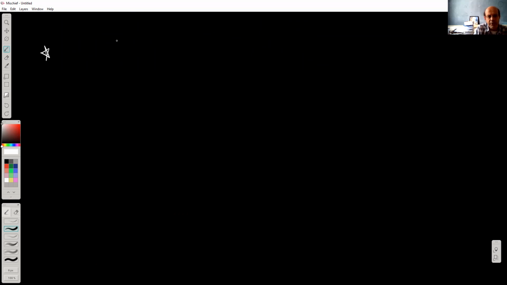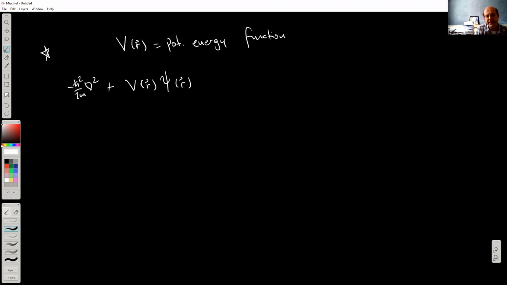I think I'm going to do this calculation. So suppose that I multiply, this V of R is the potential energy function. So I have some kind of expression like this, for example, psi of R, and there's also a term like that, minus h bar squared over 2m Laplacian, right?